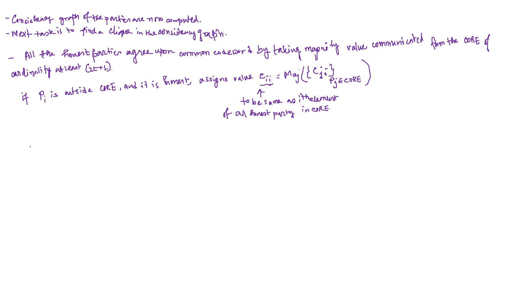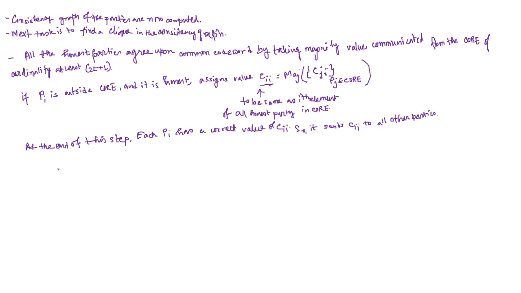So at the end of this step, each pi has a correct value of cii, so it sends cii to all other parties.